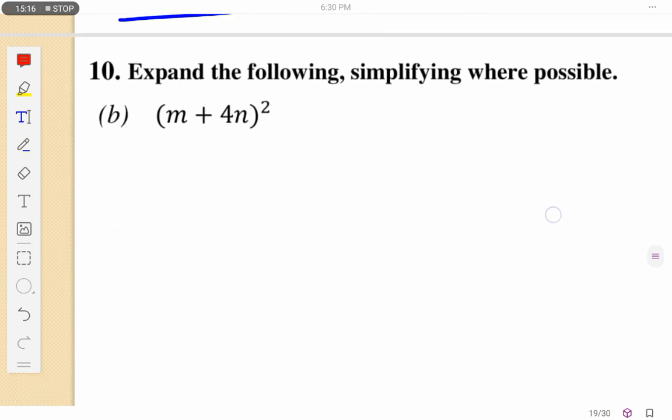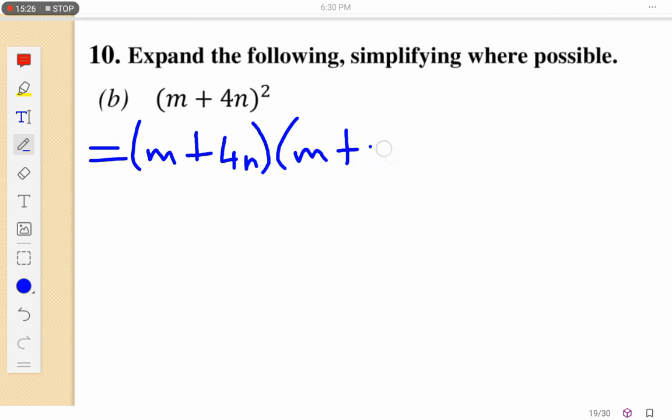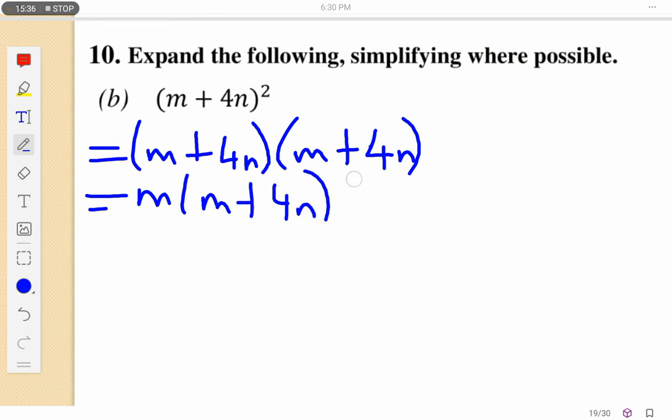Okay, number 10, they are also saying expand. So this one, we said we can simply say m plus 4n. Okay, then I'll now expand m by 4. That's m plus 4n there, multiplying m plus 4n there.